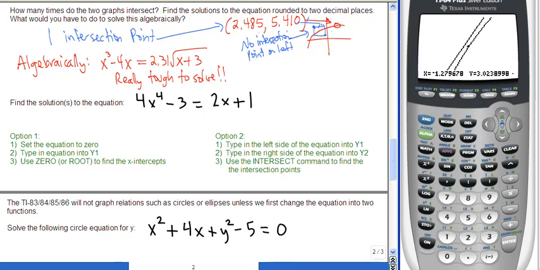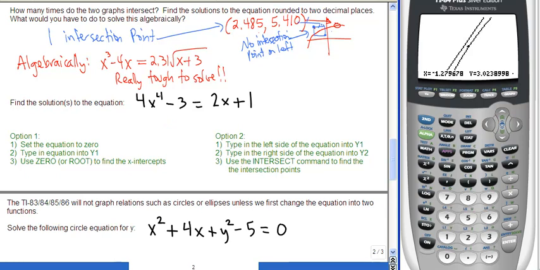Now there are two ways to solve an equation like this graphically. Option number one is, instead of solving this particular equation, I'm going to rewrite it first by setting it equal to 0, moving all your terms to one side. You can move them either way.